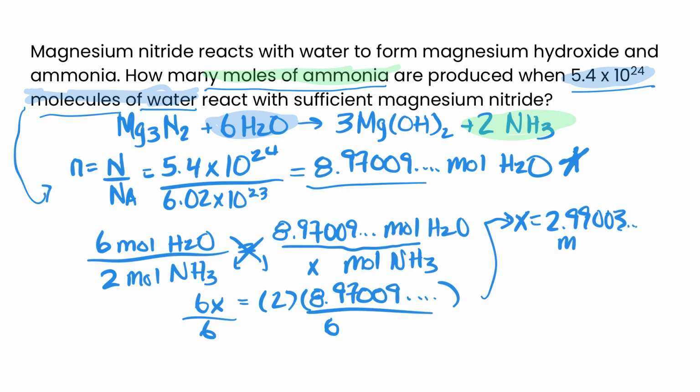And that is moles of ammonia. We then want to round off for significant digits. So looking back at our problem, we got 2 sig digs here, and all we're doing is multiplying or dividing throughout our problem. So we're going to round off to 2 sig digs here, which makes us 3.0 moles of ammonia. And that is that problem.